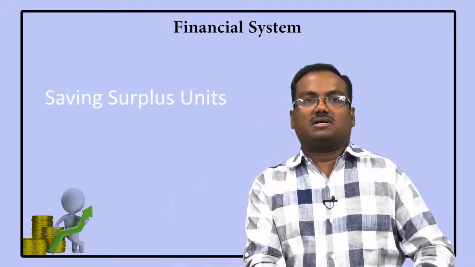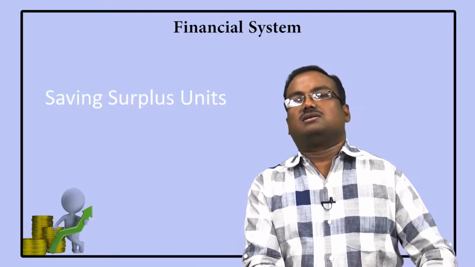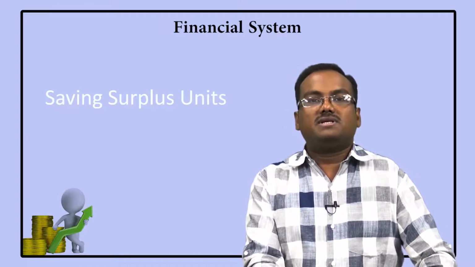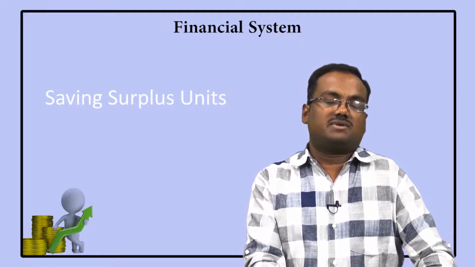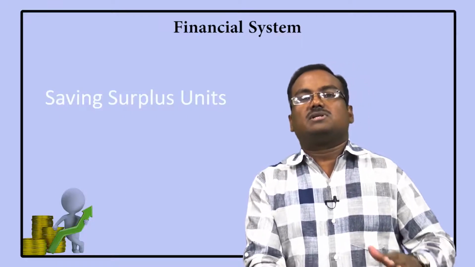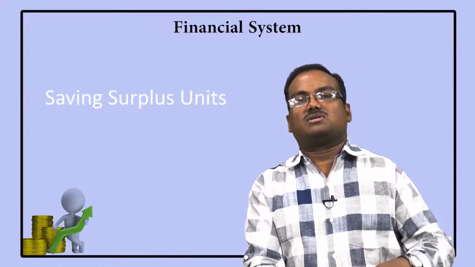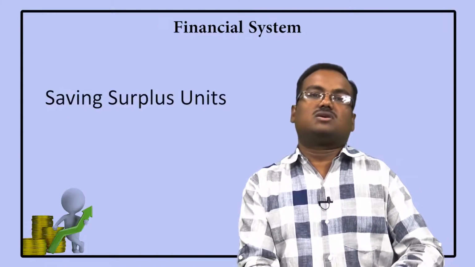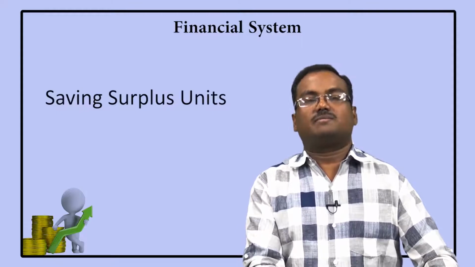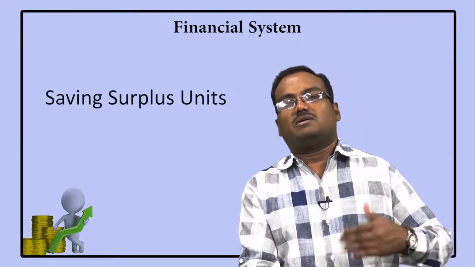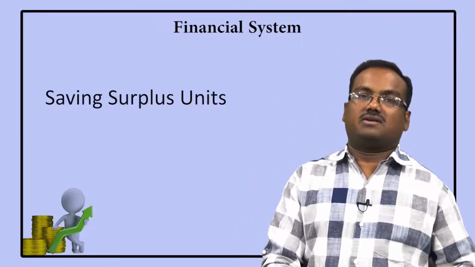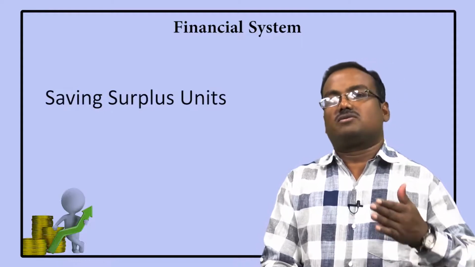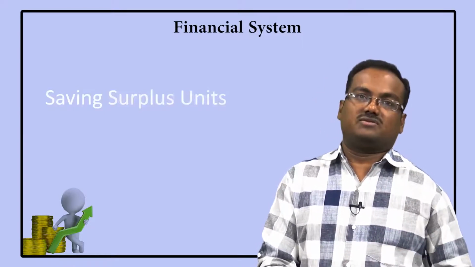And the next part in this definition is the savings surplus units. What is the meaning of savings surplus units here? When consumption or expenditure is lower than income, the difference is called savings surplus. That means when our savings are higher than our expenditure, it will automatically create surplus savings units.